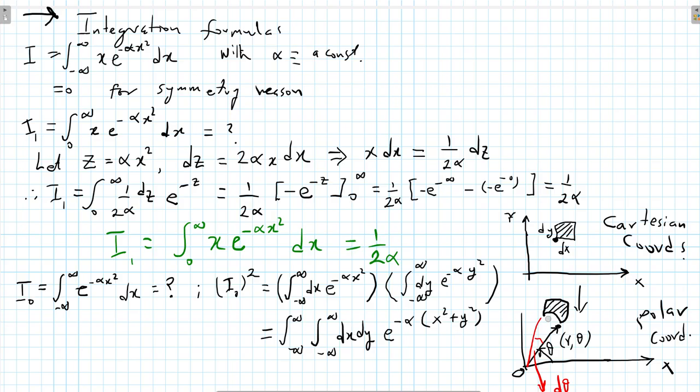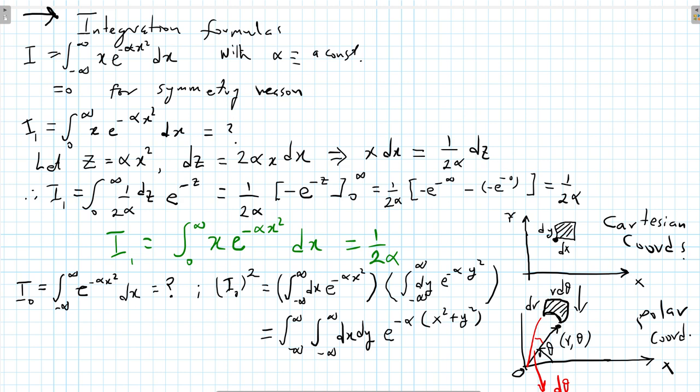One can see that the length of the arc here is going to be r d theta. So the area element is approximately length times width. The length on top is r d theta, and the width here is dr.